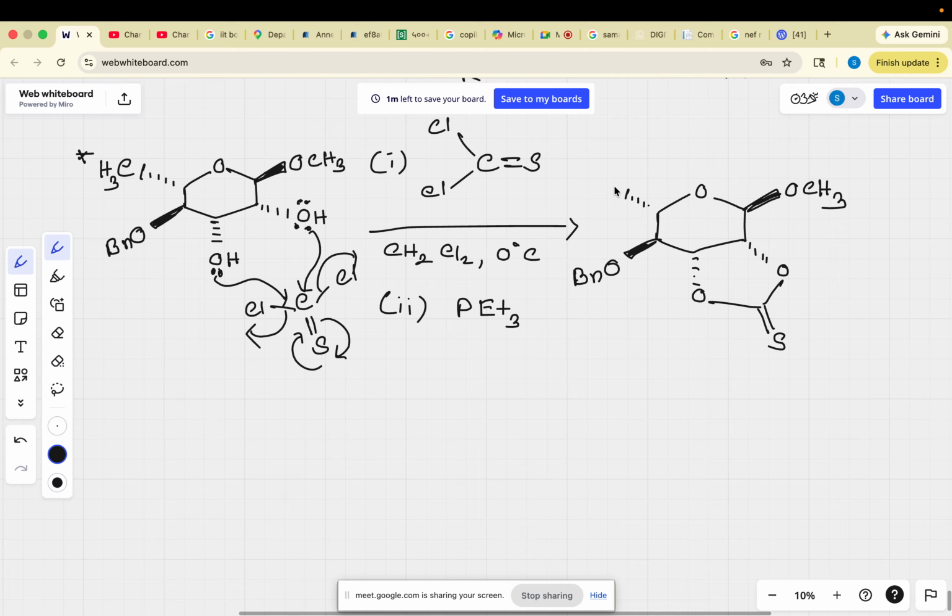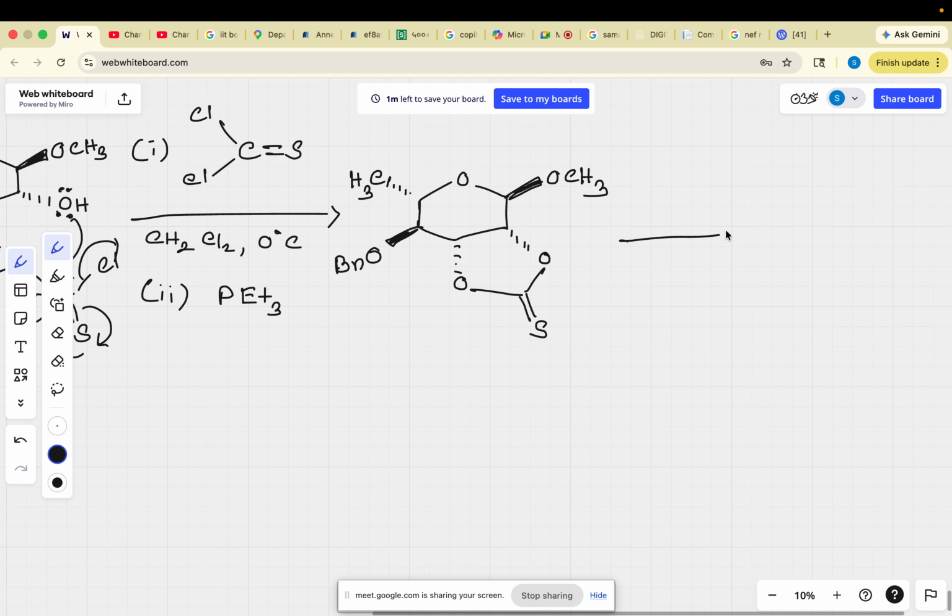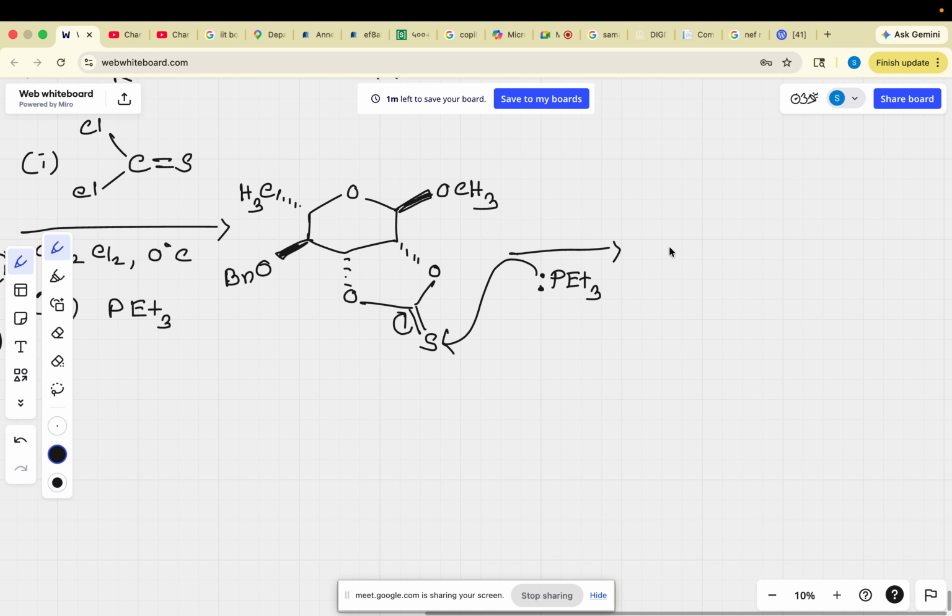Next, in presence of PEt3 or PPh3, same thing, triphenyl phosphine or triethyl phosphine, it will attack on the sulfur atom. This bond will break.